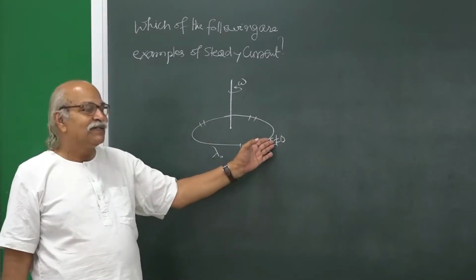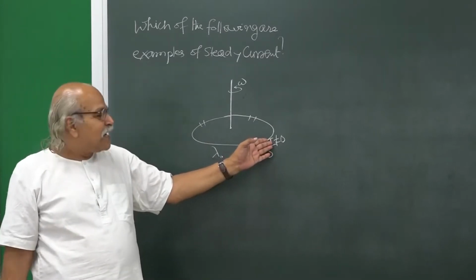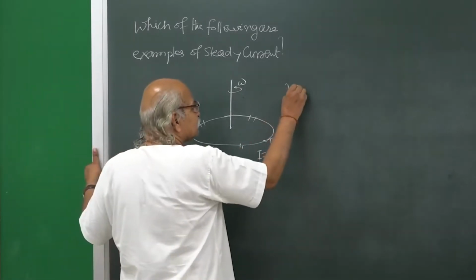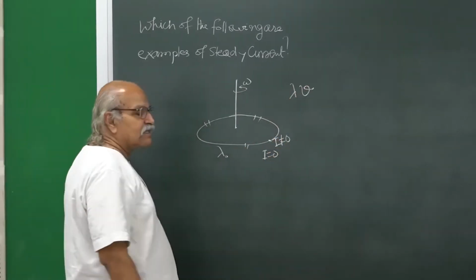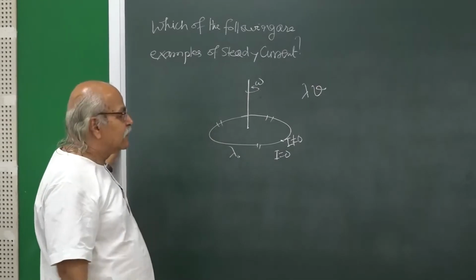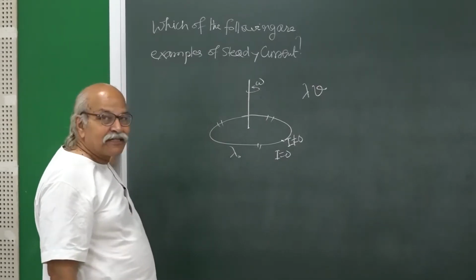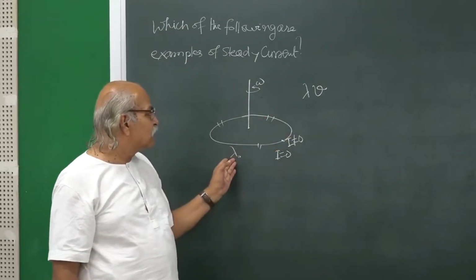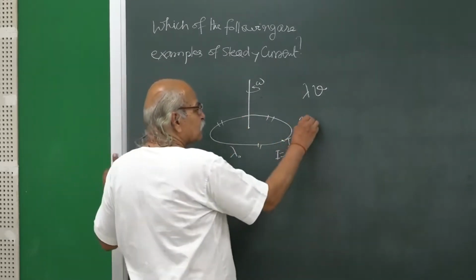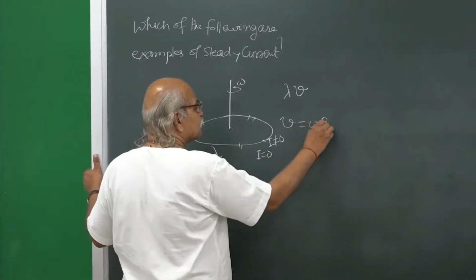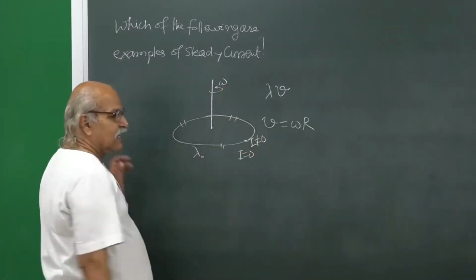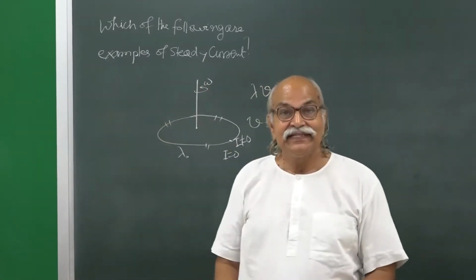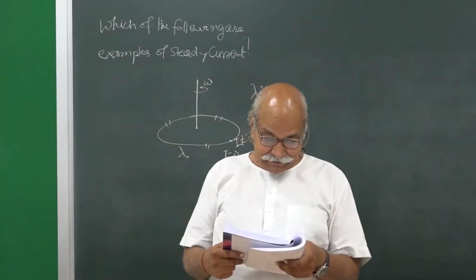If it is not 0, it's not 0 all the time, and the magnitude is also fixed, lambda times V. For a linear charge distribution moving in a line, the current is lambda times V, and lambda is fixed lambda naught, V will be omega times the radius. So, that is also fixed, and therefore the current does not change with time, and this is a steady current.